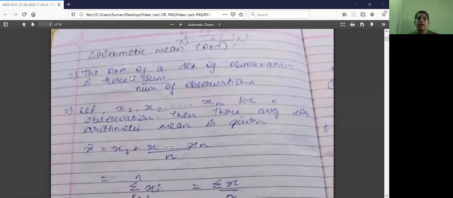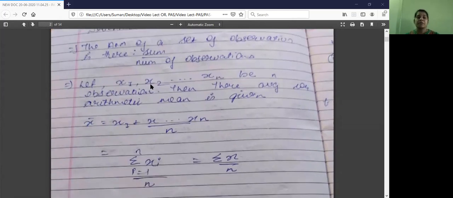So what is the arithmetic mean? The arithmetic mean of a set of observations is the sum of the observations divided by the number of observations. We already know how we find the average. Let x1, x2, up to xn be the observations.